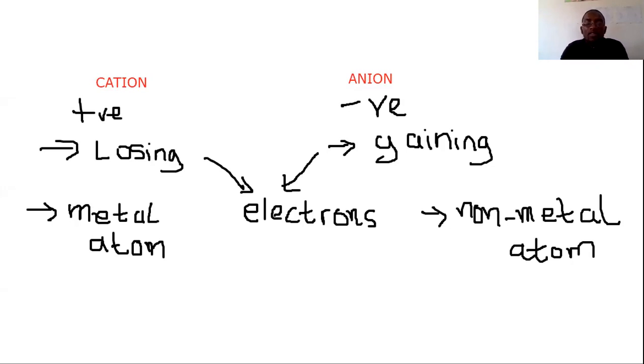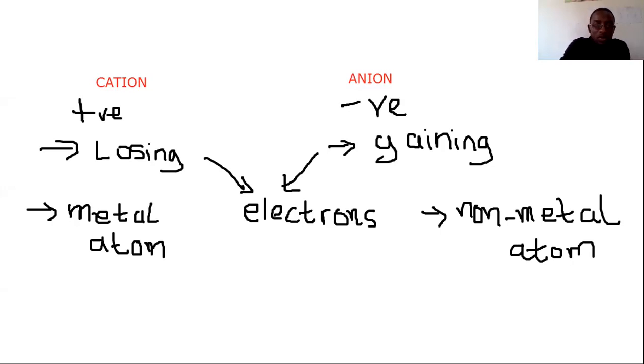Then we have an anion. Like earlier explained, an anion is a negatively charged ion. What is involved in its formation is a nonmetal. A nonmetal will gain electrons according to its valency.